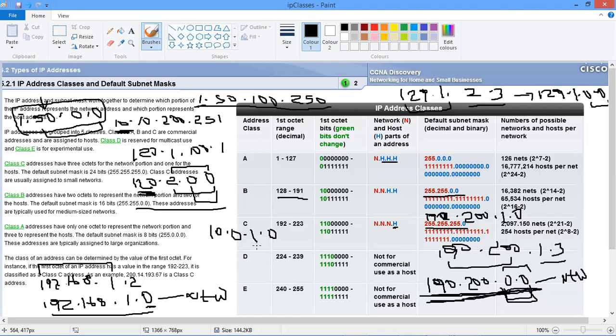Okay, why? Because you have something inside of it. So what about this? What's this? IP address or network address? Network address. Yes, it's a network address because the host IDs are all zeros.